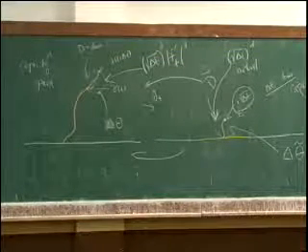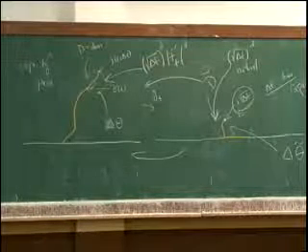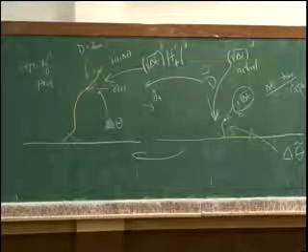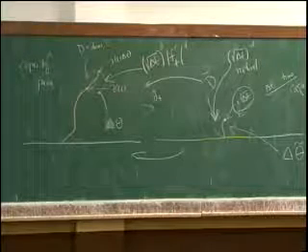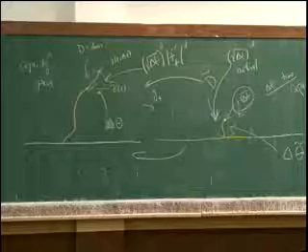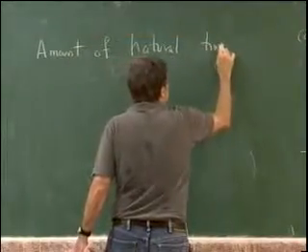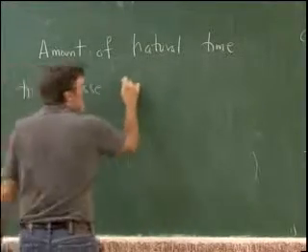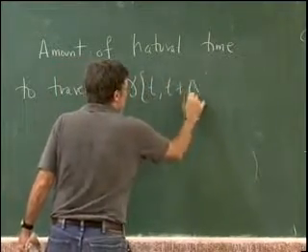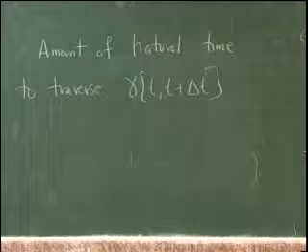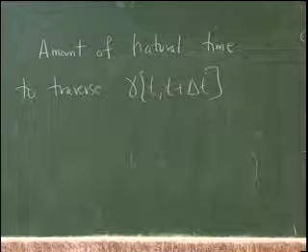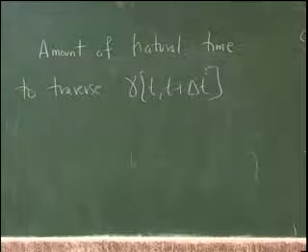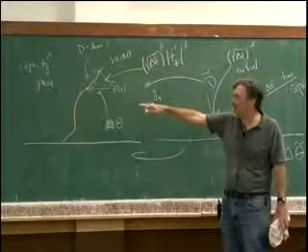So the idea of this is to give the following intuitive guess, that roughly speaking, the amount of natural time to traverse gamma t to gamma t plus delta t, and right now gamma is parameterized in capacity, so that takes delta t time in capacity.